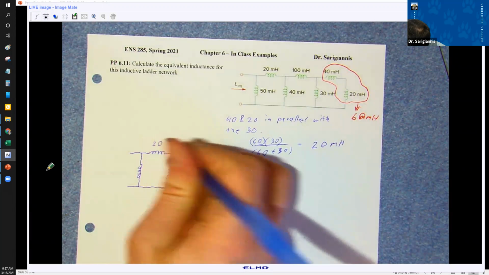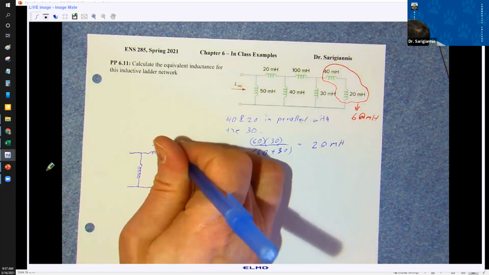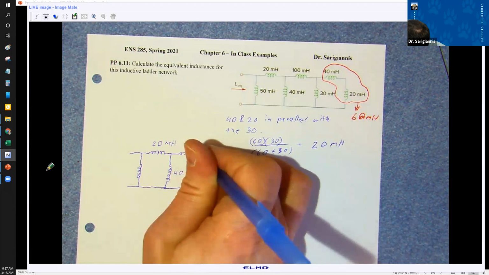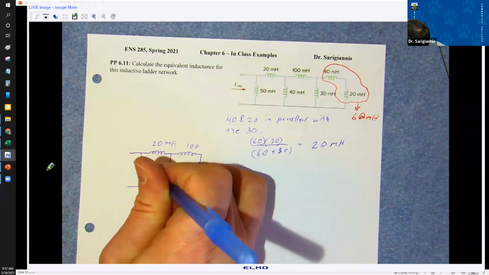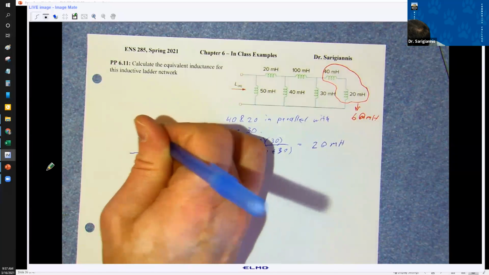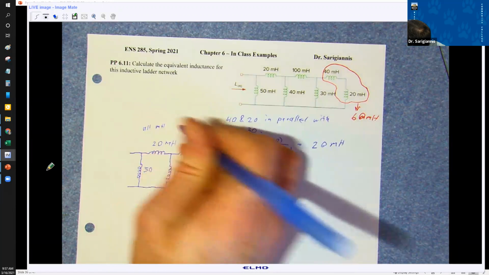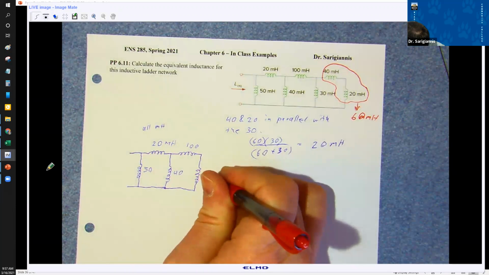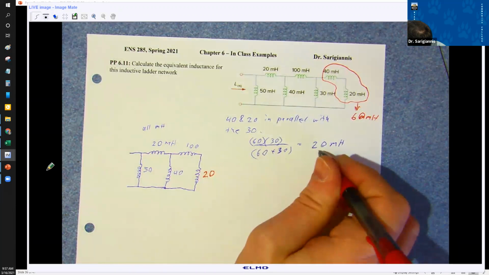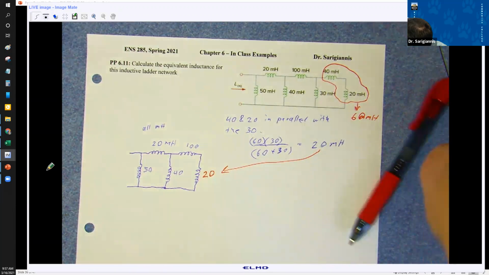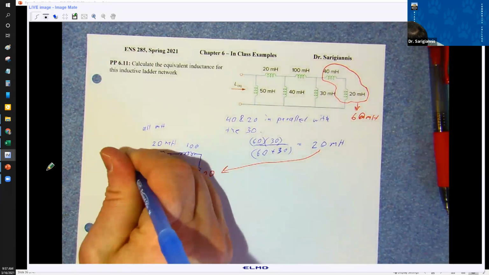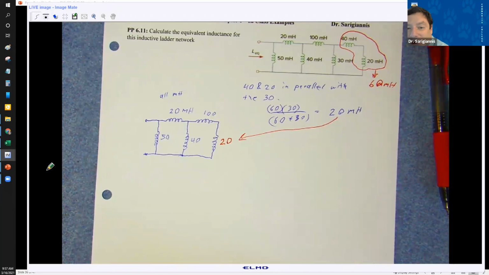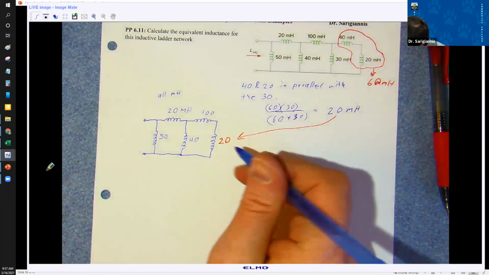So here we've got 20, 40, 100, 50. This is all millihenries. And over here, I'm going to write the 20. That's my new circuit. So now I've got 120.